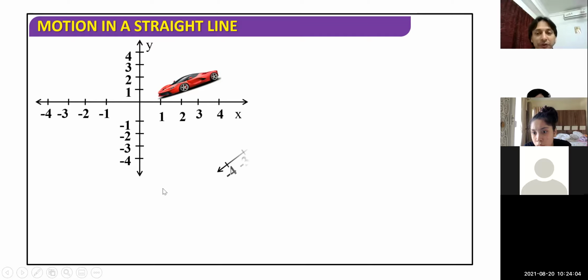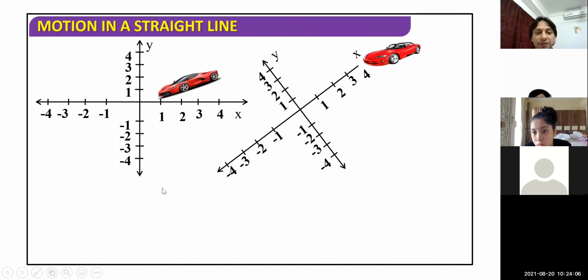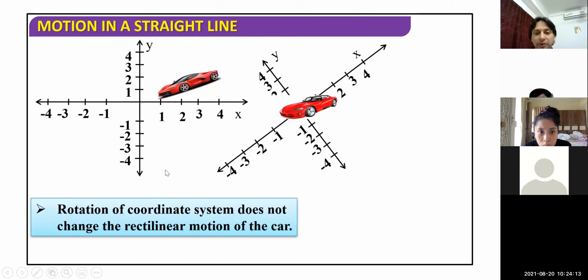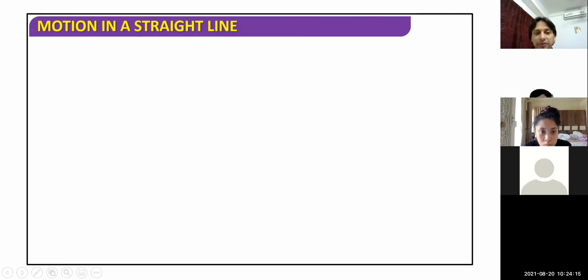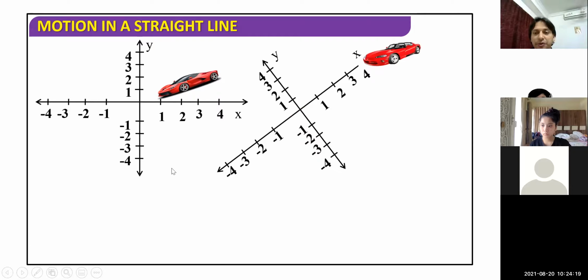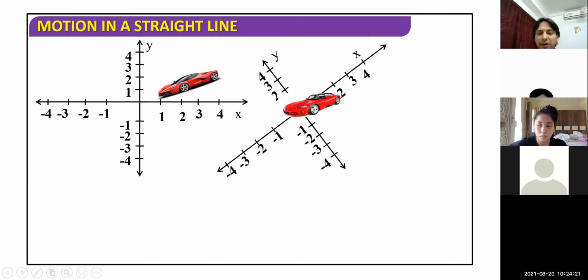What you see here in this coordinate system, please observe. What's happening here, children?